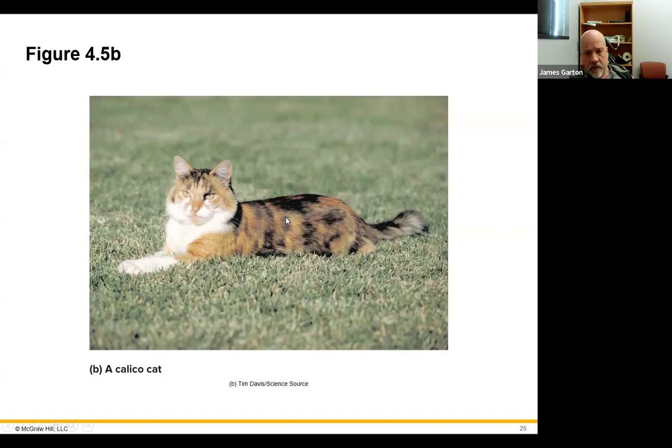The male of this same breed of cat doesn't exhibit this kind of splotchy coat color. The females show this, and the males are a solid color.